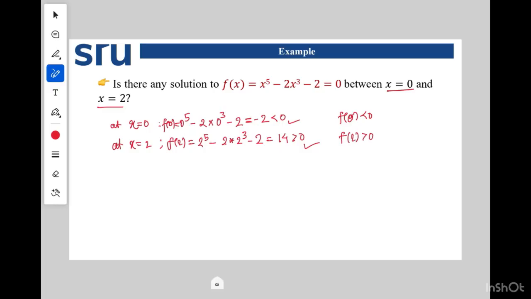Since the given function is a polynomial, this function is always continuous and the values are of opposite sign, so by the intermediate value theorem we can say that at least one root lies between the interval 0 and 2.